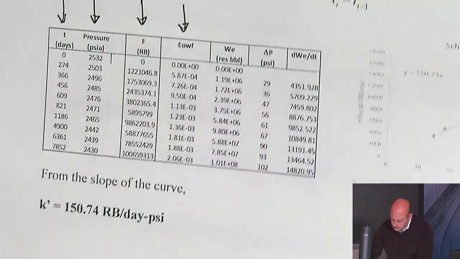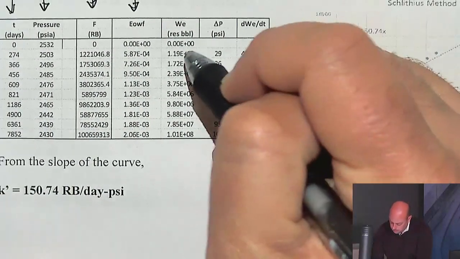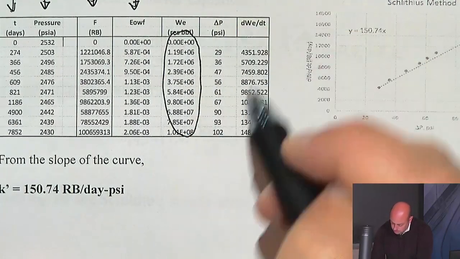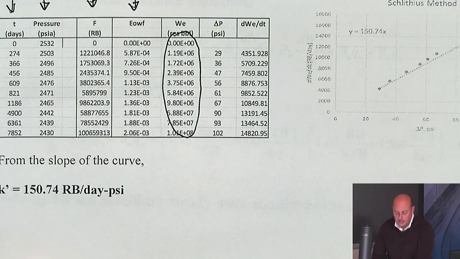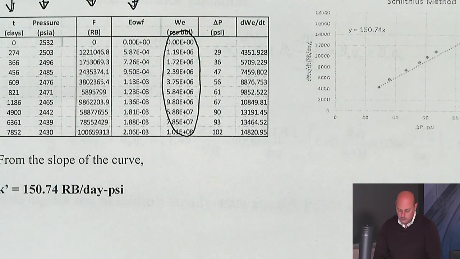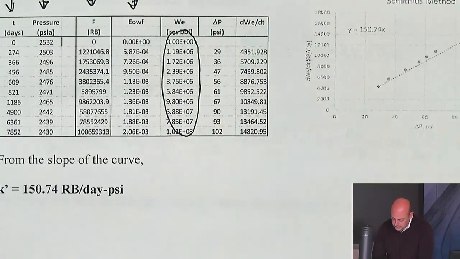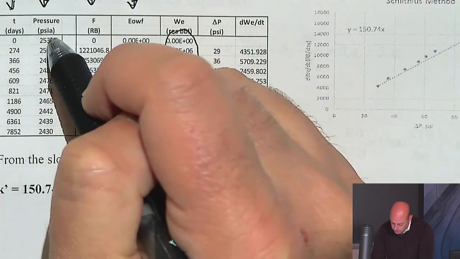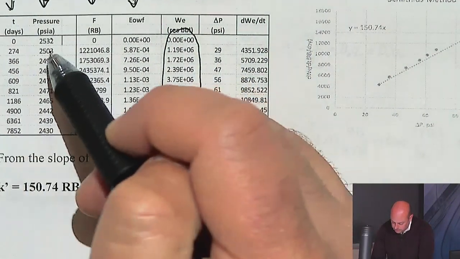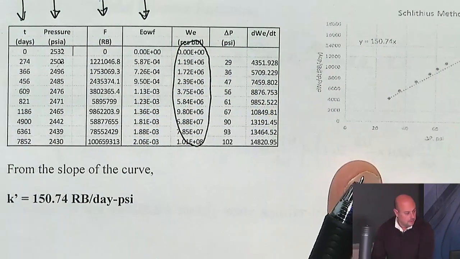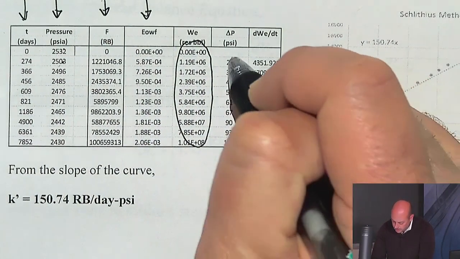So WE is given here. I just calculated that in my spreadsheet. Delta P is easy to calculate because that's the initial pressure minus the current pressure. So 2532 minus 2503 is 29.